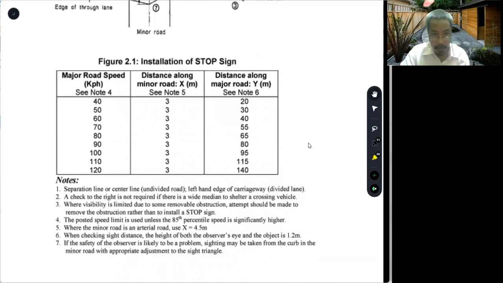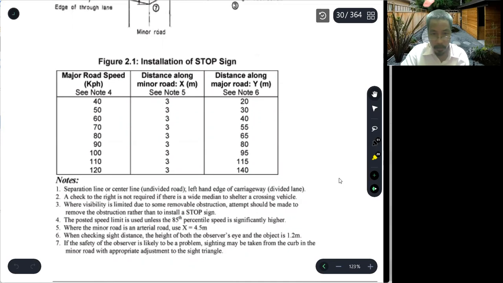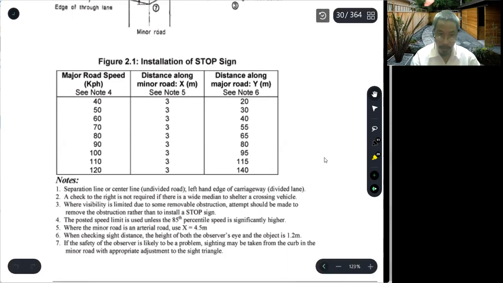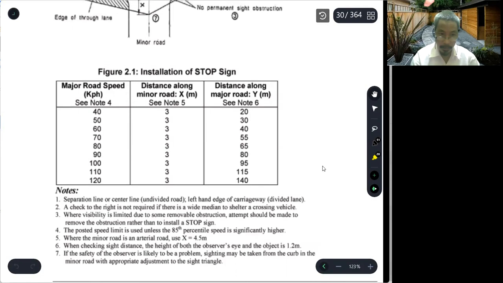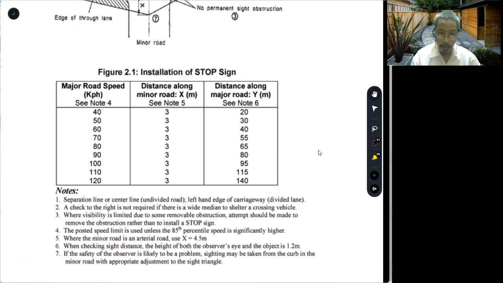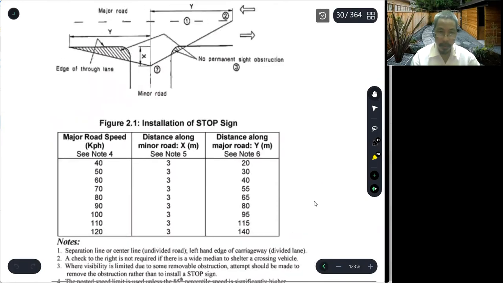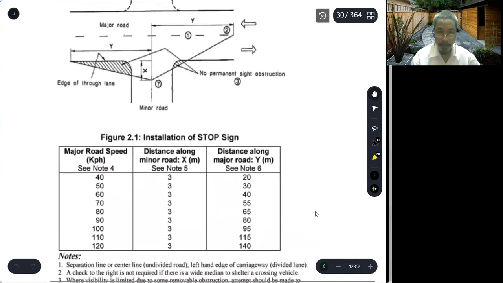So when checking sight distance, the height of both the observer's eye and the object is 1.2 meters. Then number 7, if the safety of the observer is likely to be a problem, sighting may be taken from the curb in the minor road with appropriate adjustment to the sight triangle.